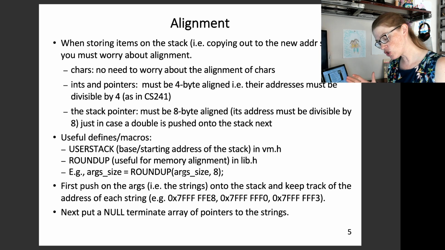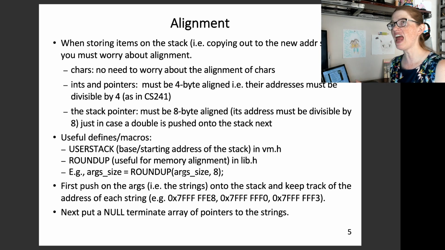It's a long-standing tradition, not just in OS 161, but pretty much in every operating system and with every program, that arguments go onto the stack in a particular byte alignment. That is that certain types of data live at addresses divisible by certain things.